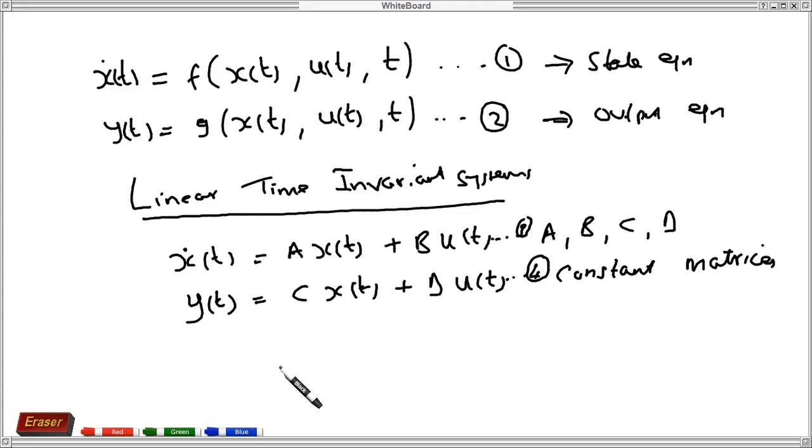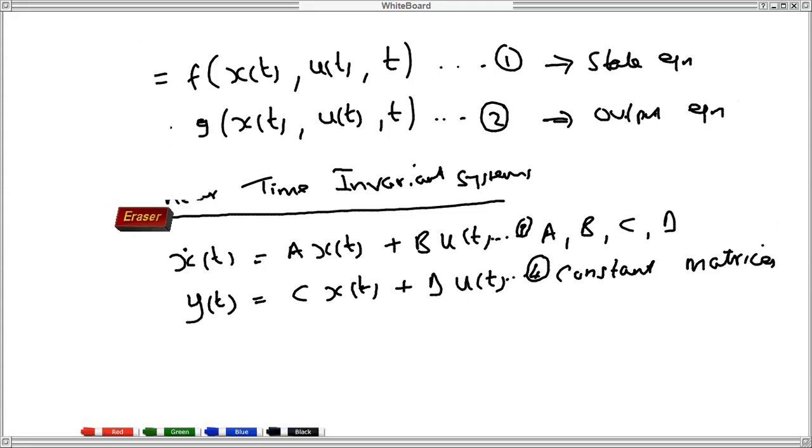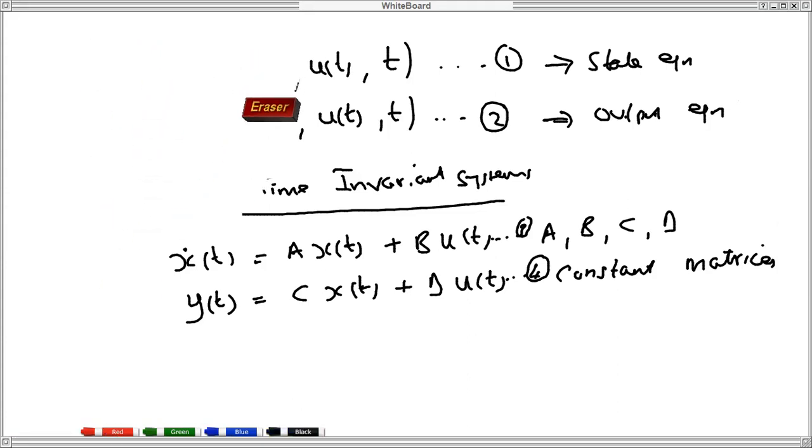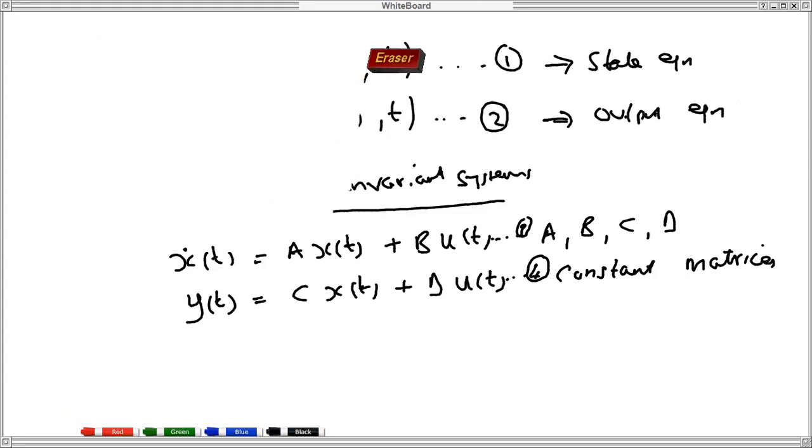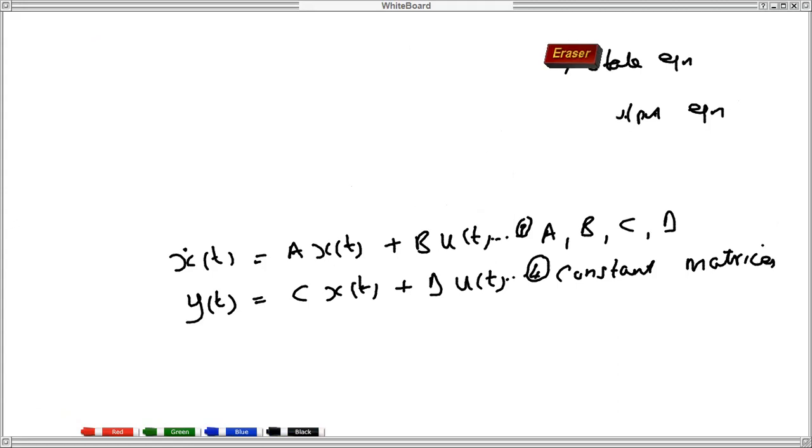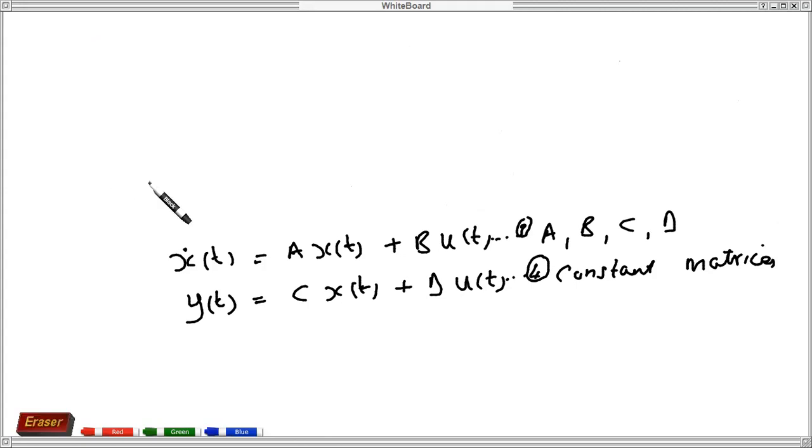If we are to model the system in block diagram representation using the state equation and the output equation for a linear time invariant system, I start with the first equation, the state equation.